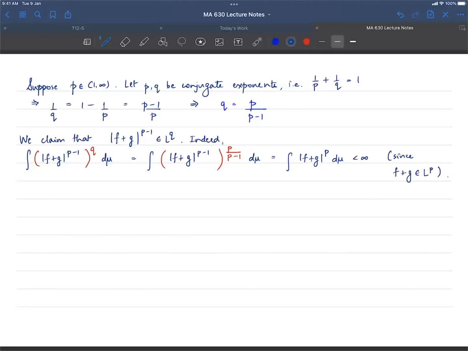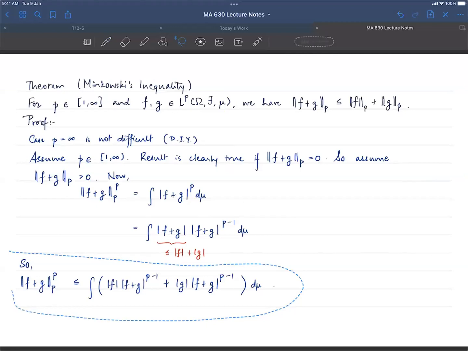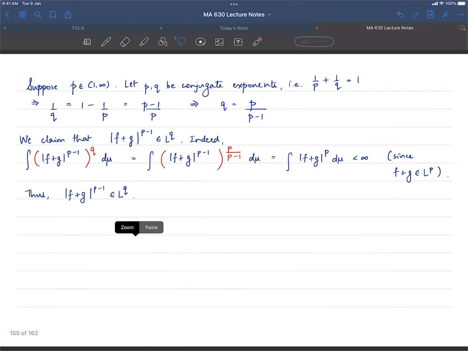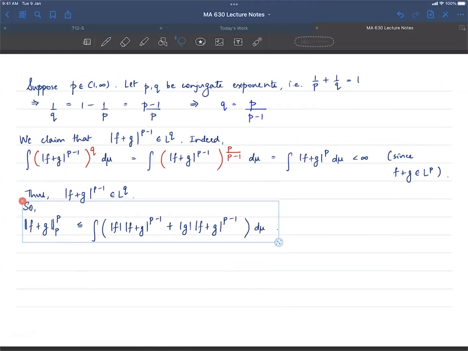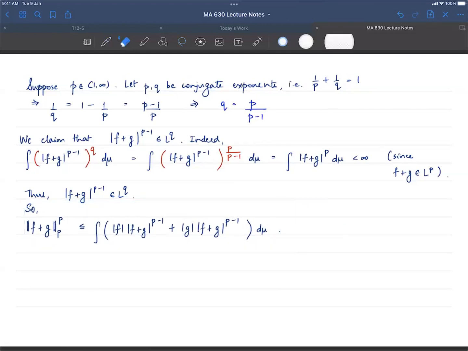All right. Okay, so what do we have now? So thus, absolute value of F plus G to the P minus 1 is an LQ. Now, let me rewrite the equation that I had on the previous slide. Now recall, this is what we had on the previous page. Recall that this is true.